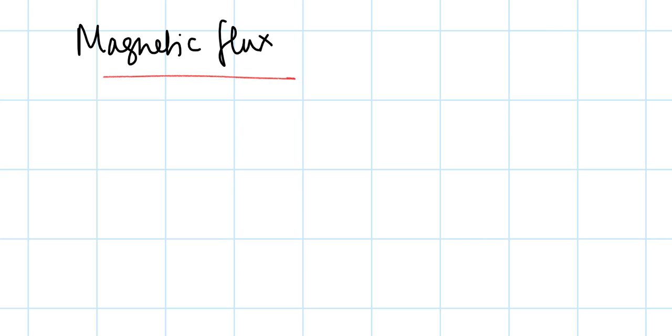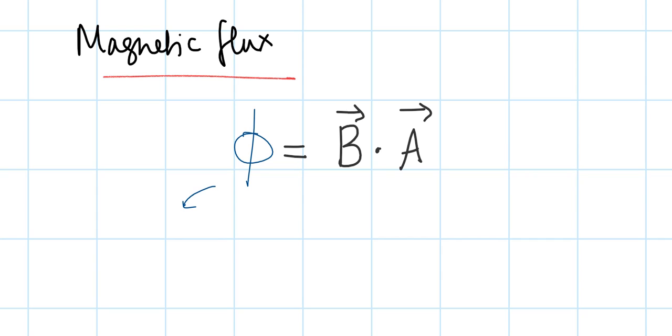The definition of magnetic flux, represented by the symbol phi, is equal to B dot A. So this is the mathematical quantity, or at least this is the quantitative thing that we can bring close to reality, which can be used to understand how electromagnetic induction works.